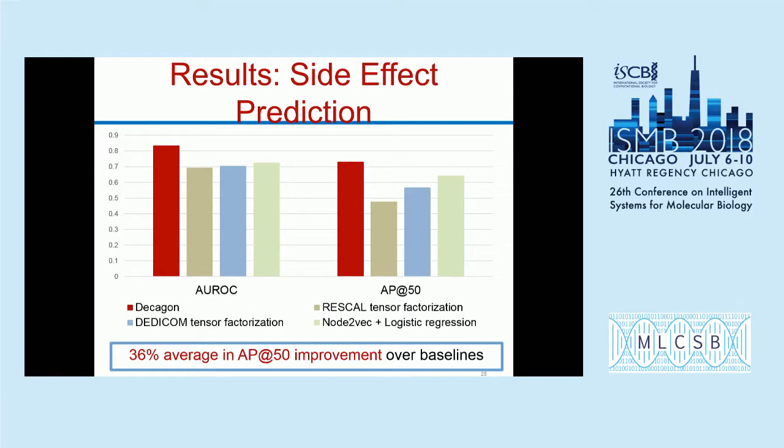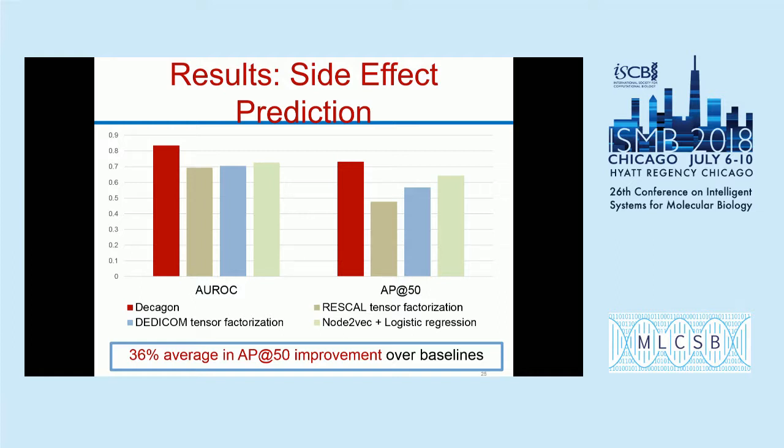Yes. So that's a great question. I have a few answers to that. First is, we did compare our method against this two-stage pipeline where you take a network and use a network embedding method. And this is the red bar versus the last green bar. So the last green bar represents node2vec plus logistic regression, which is the standard pipeline where you take the network, learn embeddings in an unsupervised way, and then you solve a bunch of smaller logistic regression problems, or you can do softmax regression, or you can use a two-layer fully connected network on the embedding space.